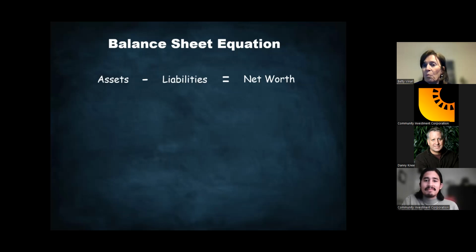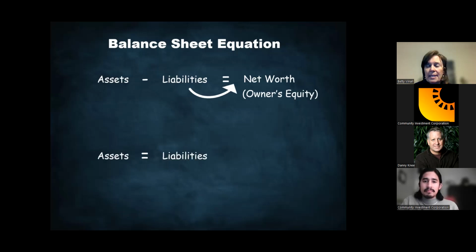That formula, the way it's written, is actually how most people in the United Kingdom and Europe see a balance sheet. And of course, we flip things around to make it more interesting. So in general, the way we see it here in the United States is we say your assets are equal to your liabilities plus net worth.